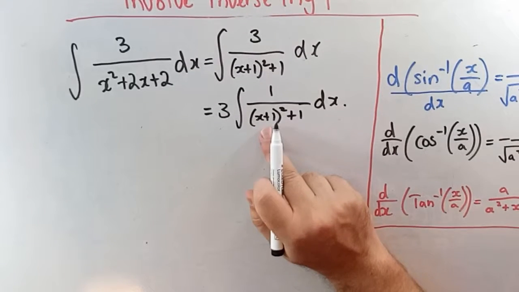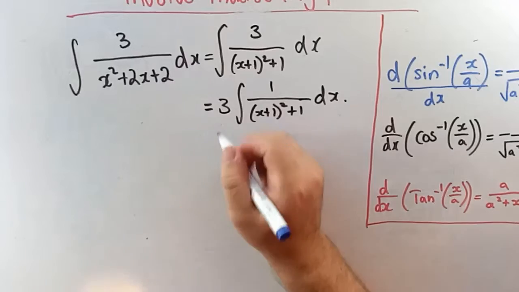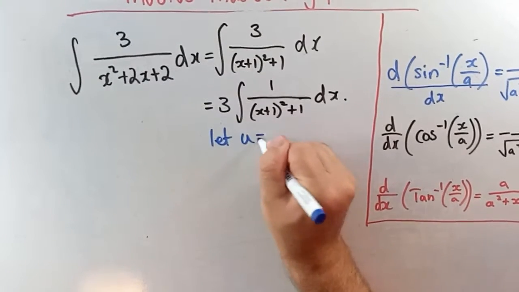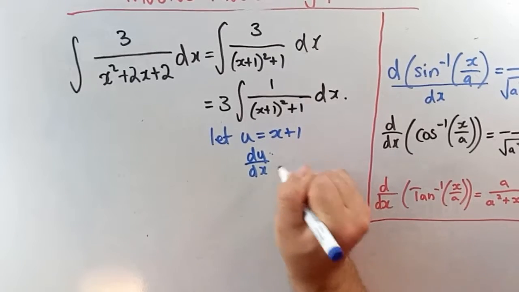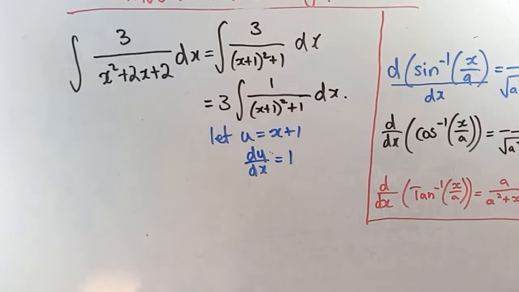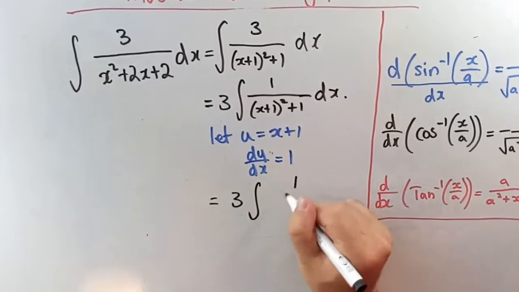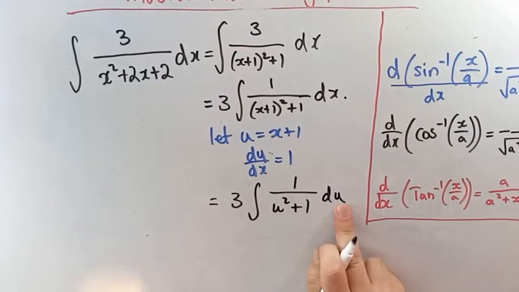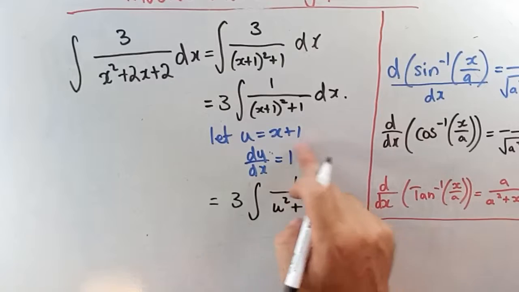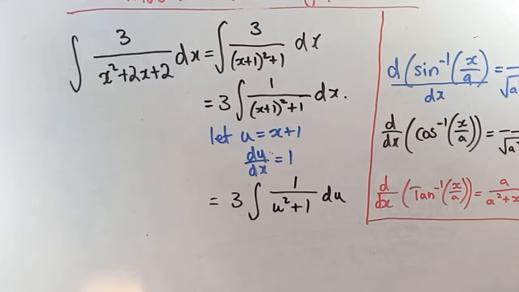Let u equal x plus 1 and du dx is equal to 1, so I can make the substitution really easily, which is lovely. Great, 1 on u squared plus 1 du, right? du now, not dx, because du dx is equal to 1, so I'm not going to change it any.